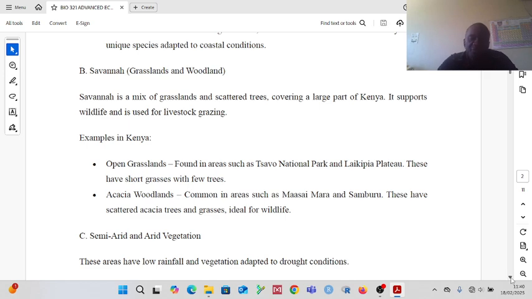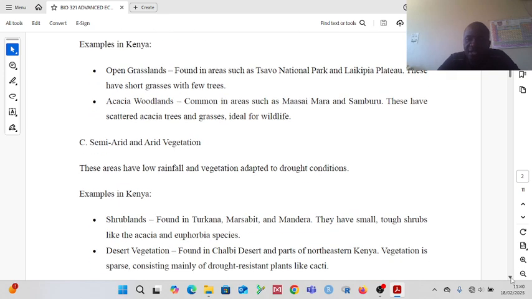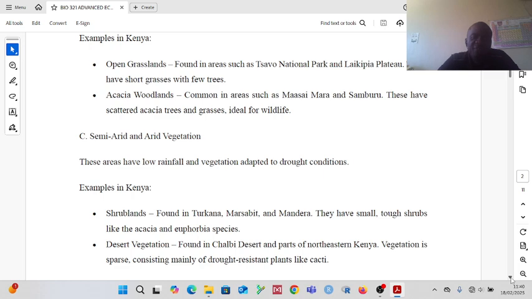But the other type of vegetation now is this arid and semi-arid vegetation. So the arid and semi-arid vegetation, these are found in areas that have low rainfall. They receive fairly low rainfall.